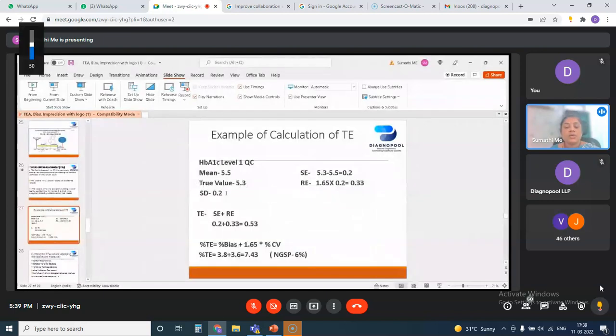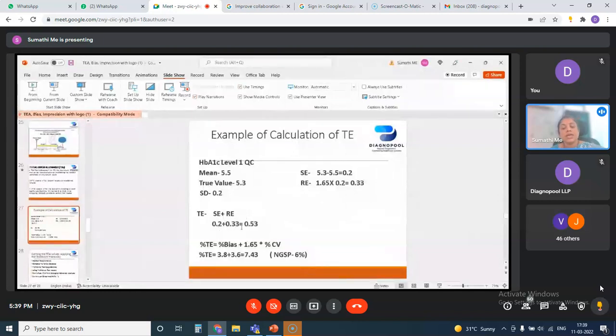How do we calculate the systematic error? Systematic error is basically the difference between your lab mean and the true value. So that means 0.2. How do we calculate random error? It is 1.65 times SD. So 1.65 times SD is 0.33. So now what is your total error? Total error is systematic error plus random error, which is 0.2 plus 0.33, which totals 0.53.